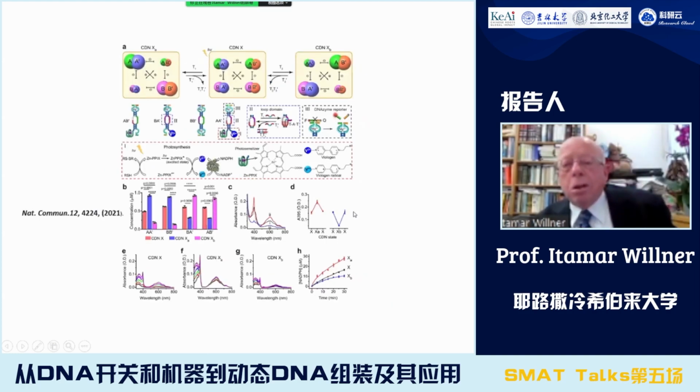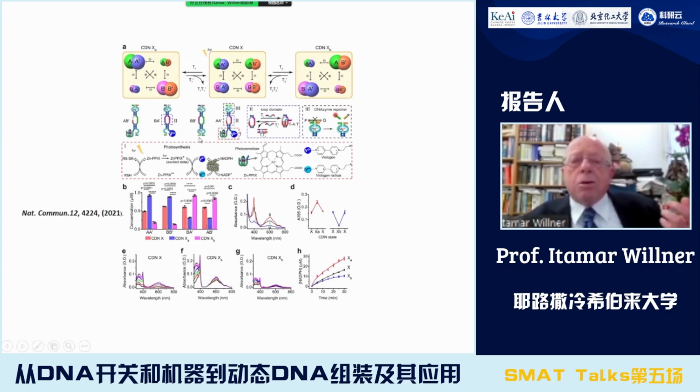We can move on and show you that we can use this control of chemical processes by the network by designing an artificial photosynthetic system.